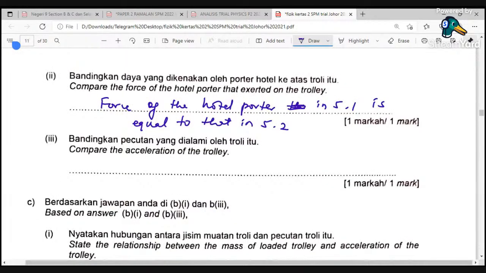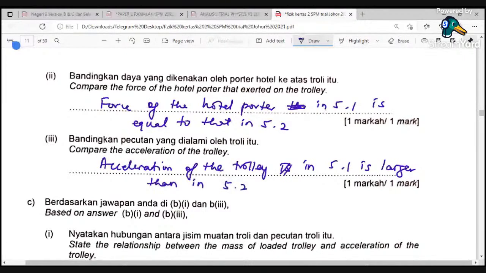So acceleration of the trolley in 5.1 is larger. Smaller mass, right?